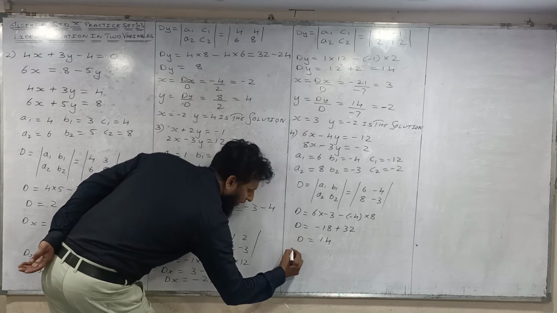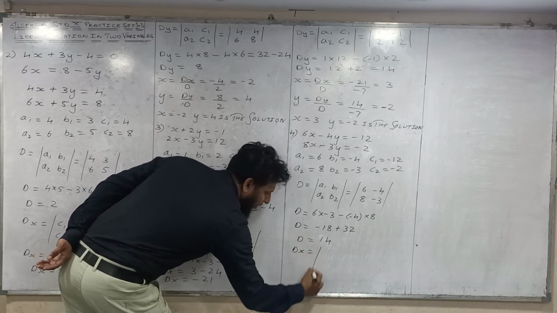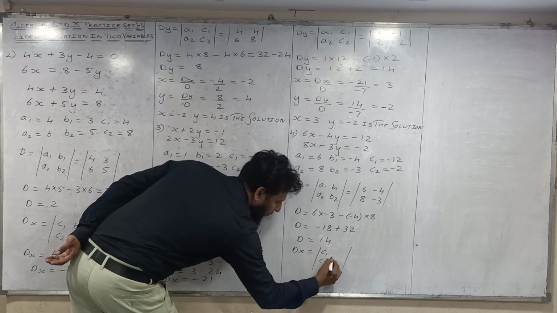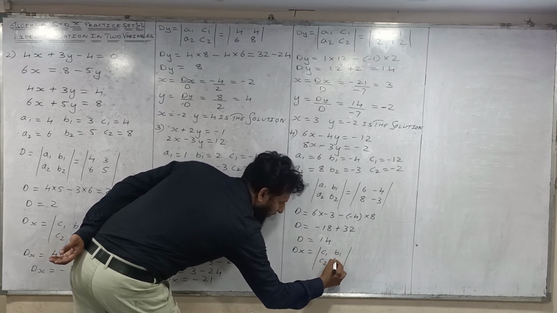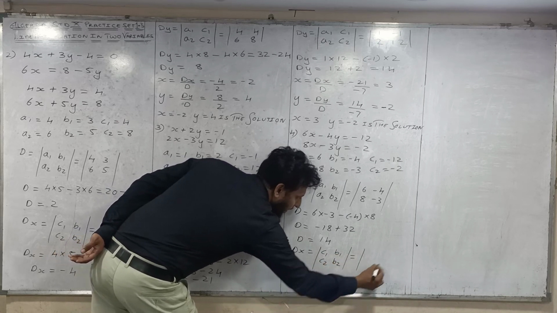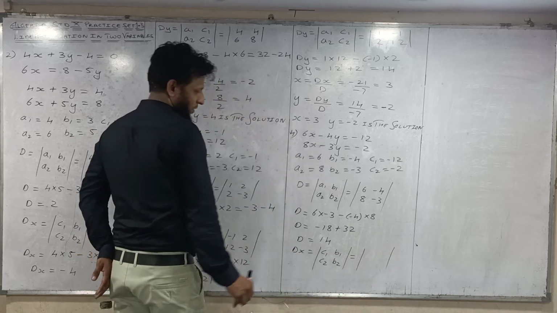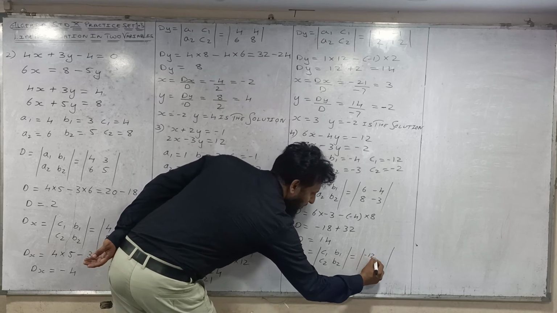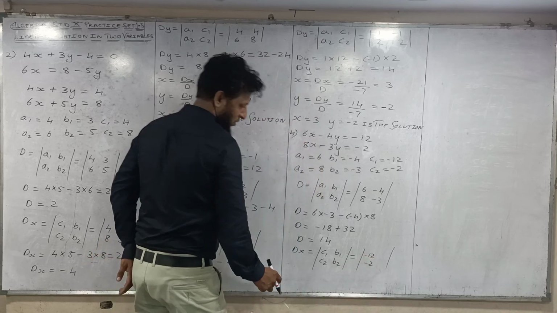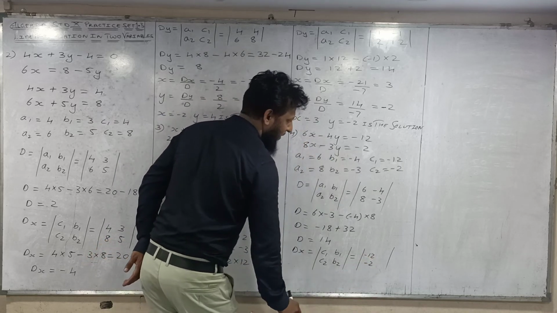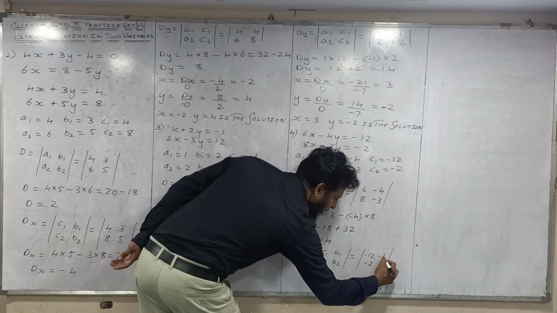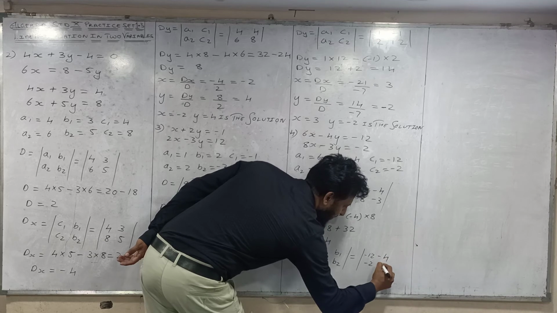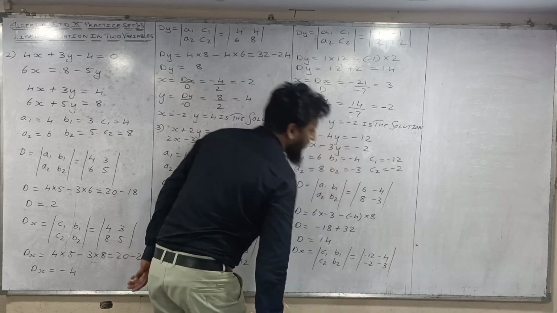Now come to dx. The formula for dx is C1, C2 and B1, B2. Then C1, C2 are minus 12, minus 2, and B1, B2 are minus 4, minus 3.